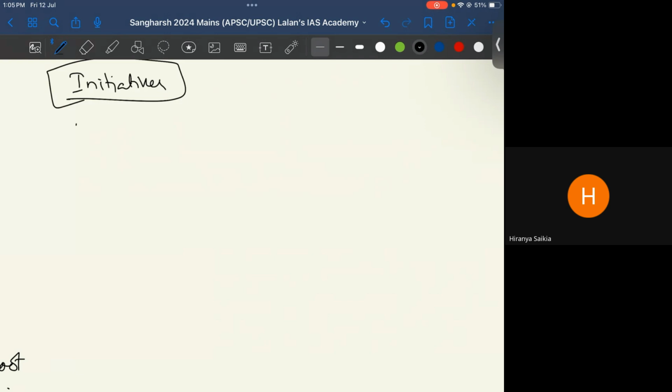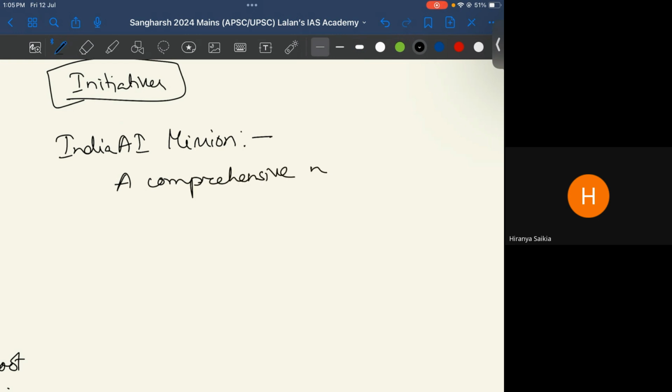We have this India AI mission. It is a comprehensive national level program to democratize, and democratize মানে সবেই যাতে পায়, and catalyze the AI innovation ecosystem.